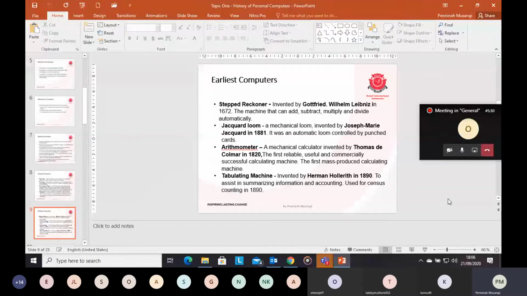Hermann worked with the US Census Bureau and Statistics. In the year 1880, they conducted their national census, and it took another 10 years for the statistics of the census to be out, because they were doing the computations manually.